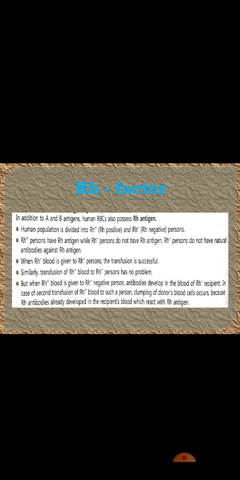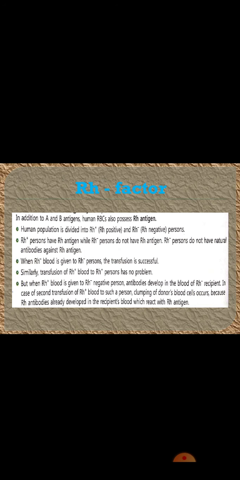But when Rh positive blood is given to an Rh negative person, antibodies develop in the blood of the Rh negative recipient. In the case of a second transfusion of Rh positive blood to such a person, clumping of the donor's blood cells occurs because Rh antibodies already developed in the recipient's blood react with the Rh antigen.